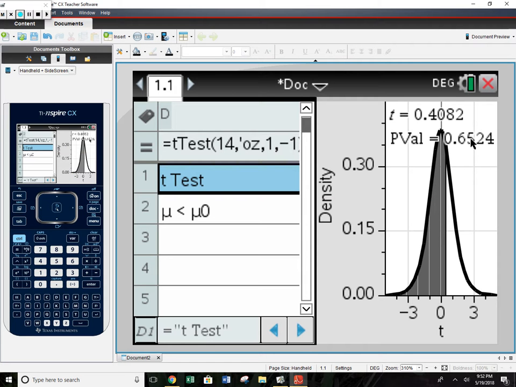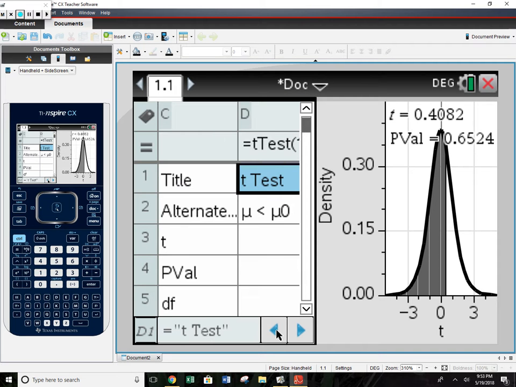Now we've got our p-value. Where's all my stuff? I guess it's just right here. I guess all I really need is the p-value.